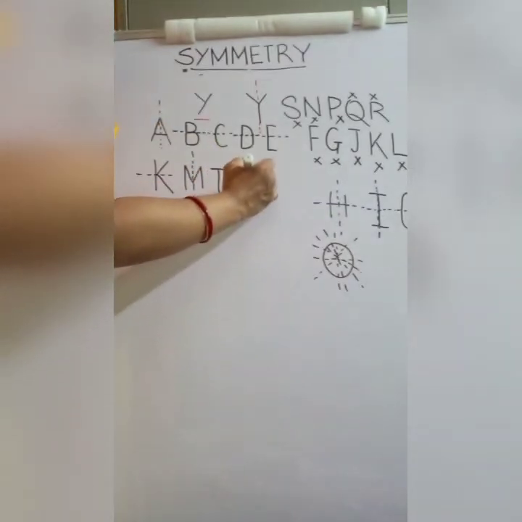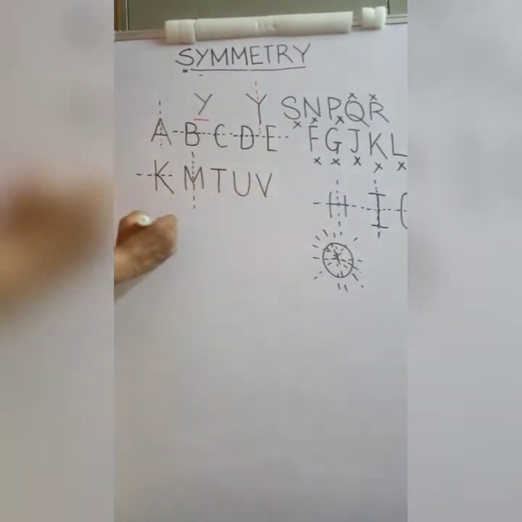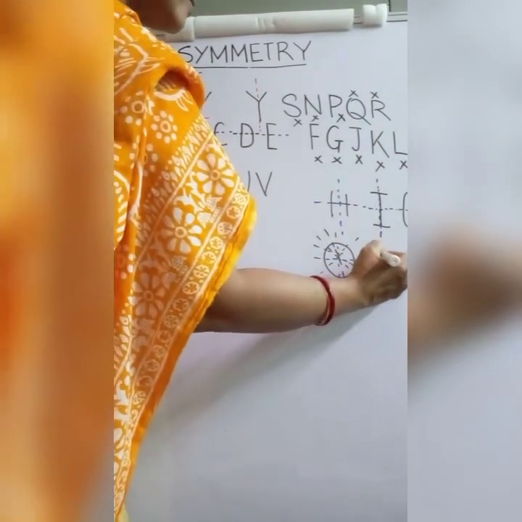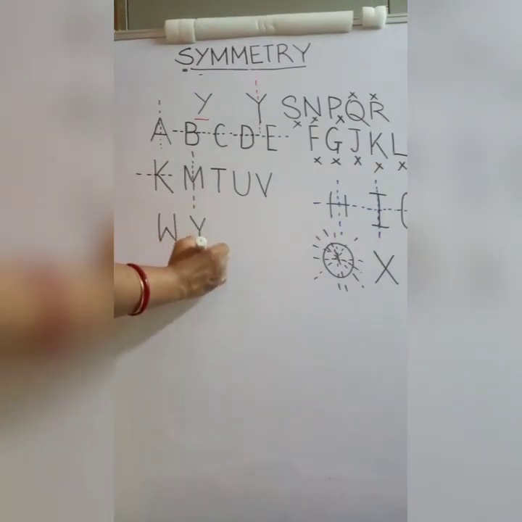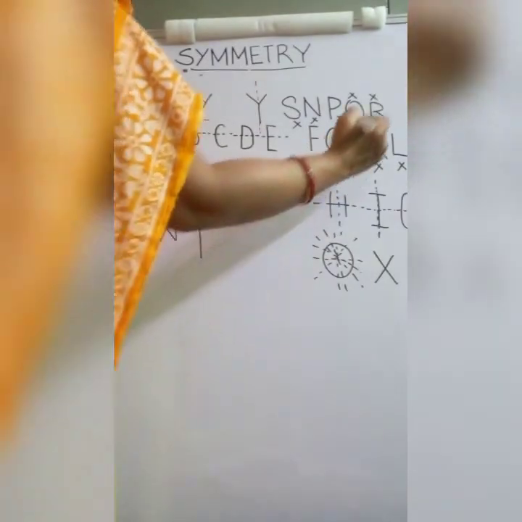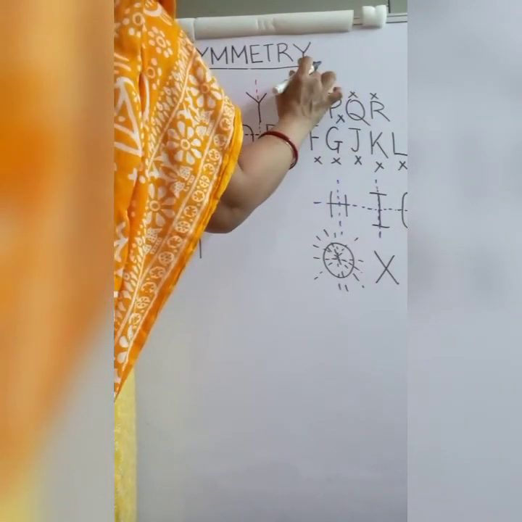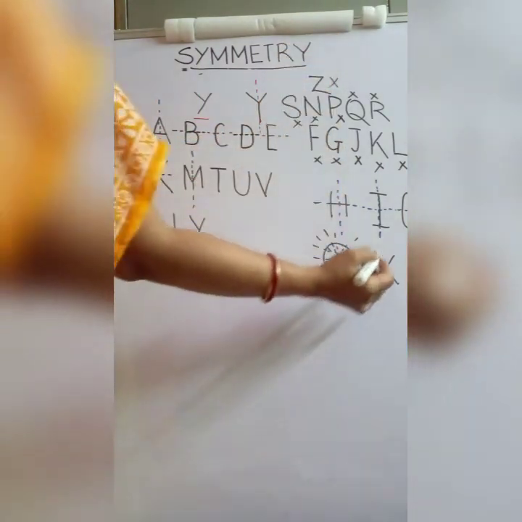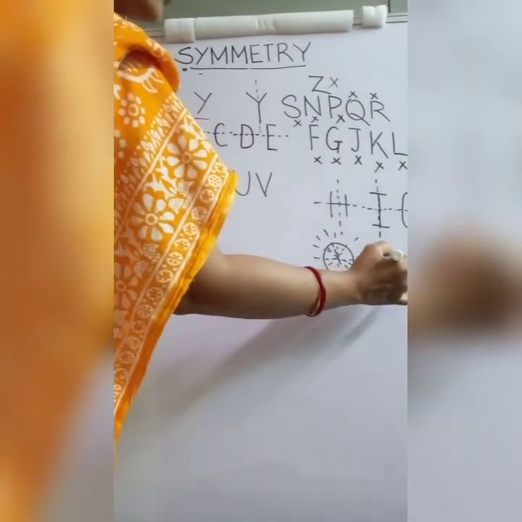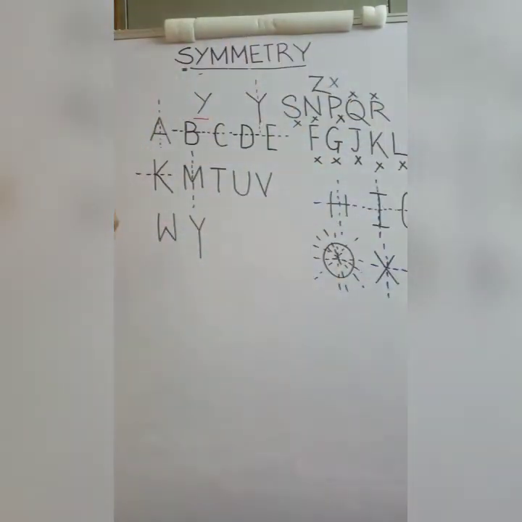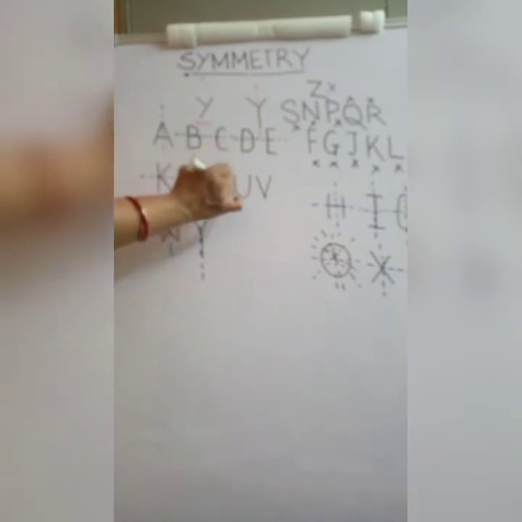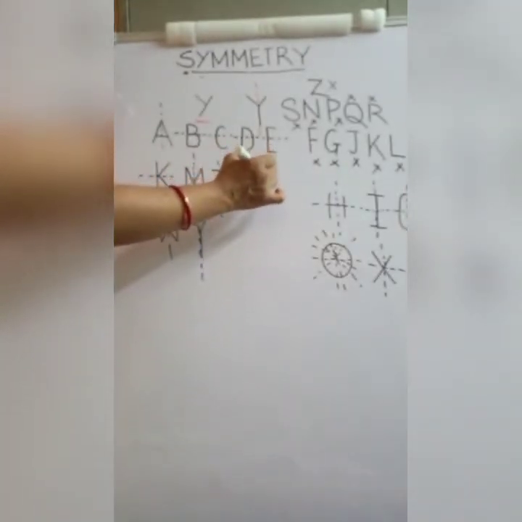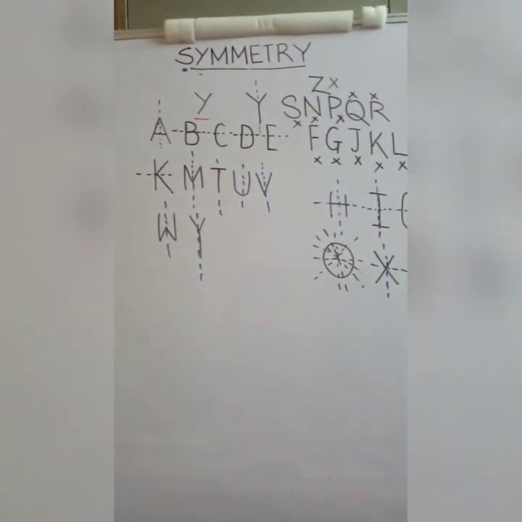T, U, V, W, X, Y and Z. No line of symmetry. X has two lines of symmetry. Y has one, W has one, T has one, U has one, and V also has one line of symmetry.